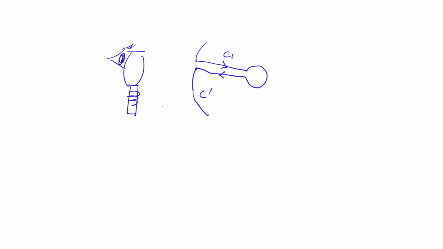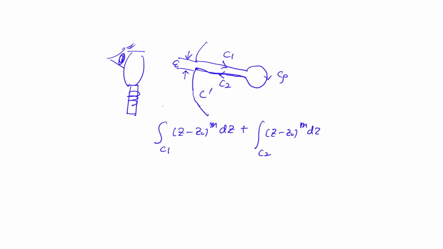C1, C2. And this is a 0. And epsilon. What happens to this C1, C2 as epsilon goes to 0?